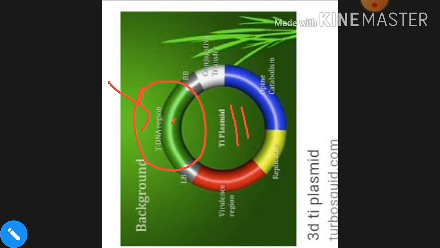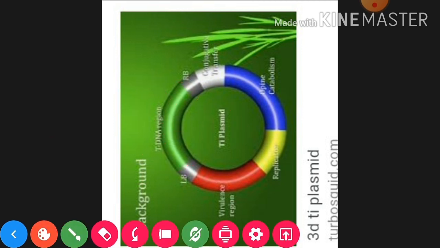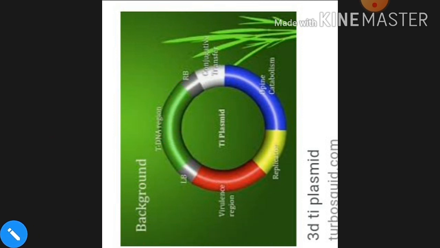Whichever gene we have to transfer, we will ligate that gene into this part. Now it means, to say the means of the ligation, suppose that this is the DNA. So this DNA we have to transfer into a dicot plant. First we will have to ligate this DNA here, in this part.